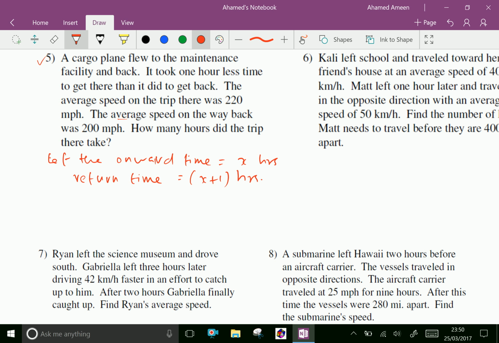Onward speed equal 220 miles per hour. Return speed equal 200 miles per hour.